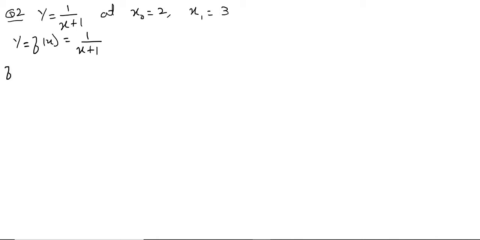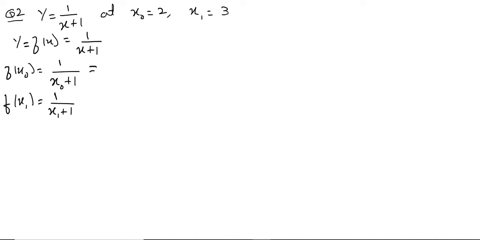Now for the first point, that is f of x naught is equal to 1 over x naught plus 1, and for the second point, f of x1 is 1 over x1 plus 1. Here one option is that you can simply put the values of x naught and x1, simplify, and then replace the function.